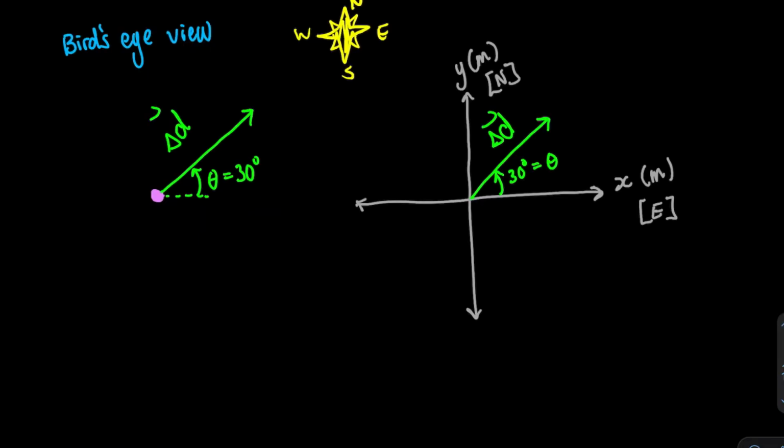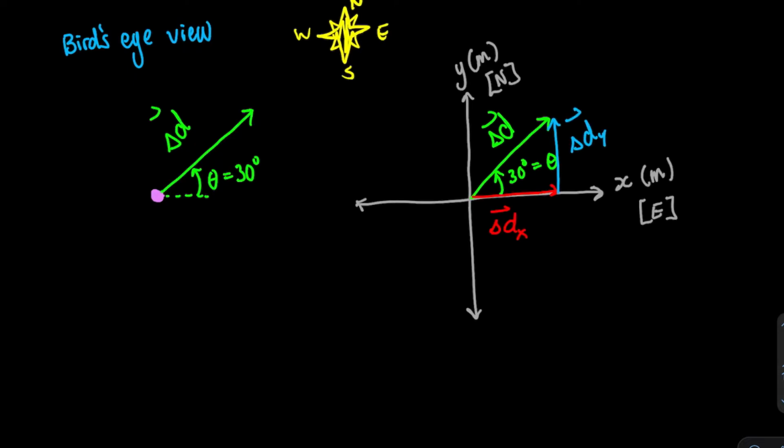And this question was asking us to find the components of this displacement vector. By components, they mean the horizontal and the vertical. The horizontal is going to be along the x-axis, in this case towards the right. So we call this delta dx. And the vertical is along the y, delta dy.